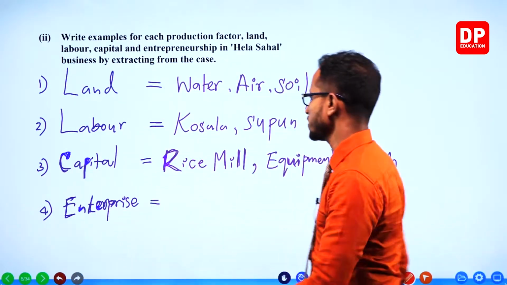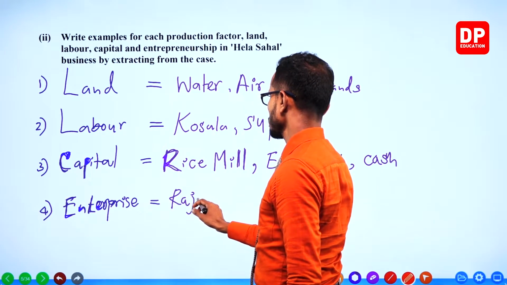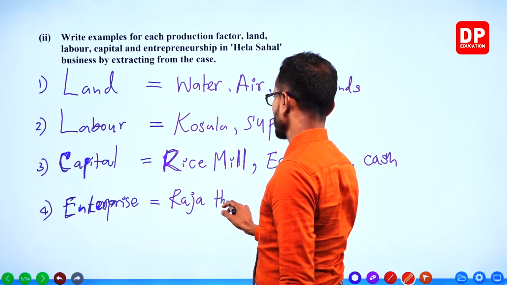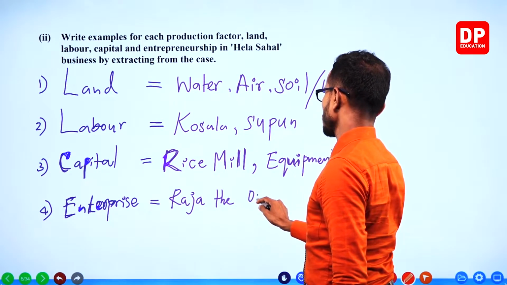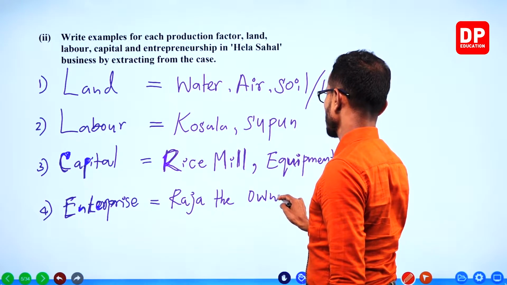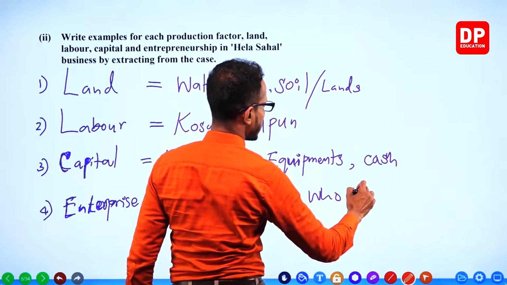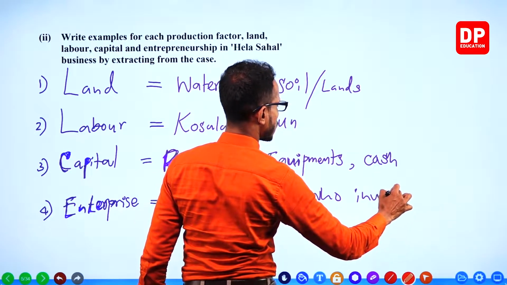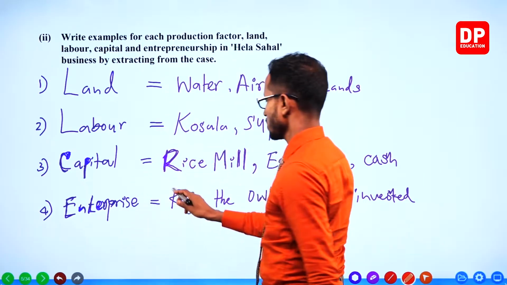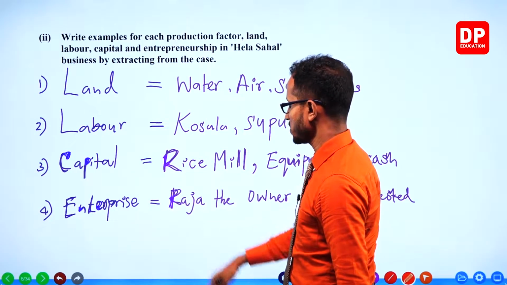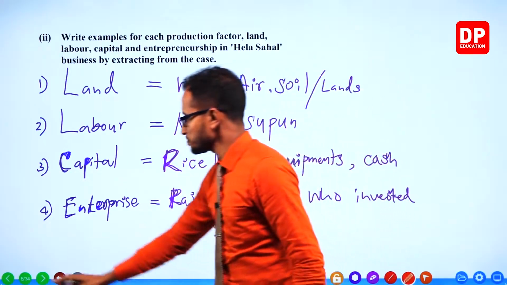Easy peasy, right? Enterprise: Raja, the owner, who invested, is the enterprise, Raja. That's it.